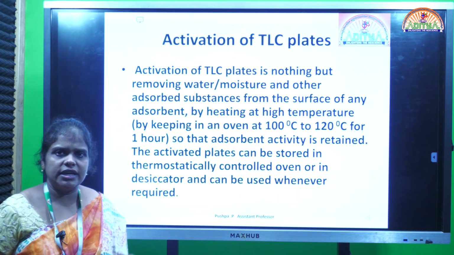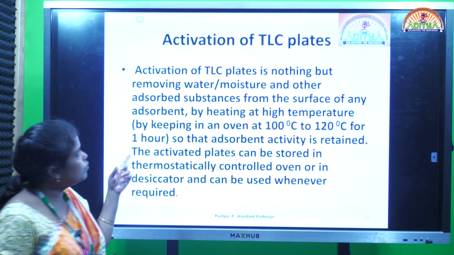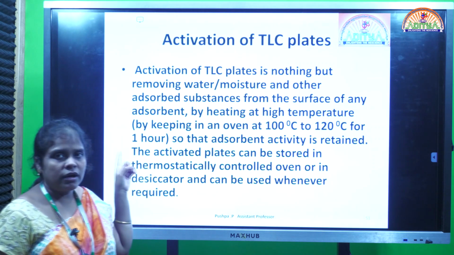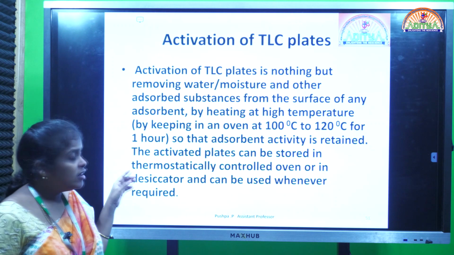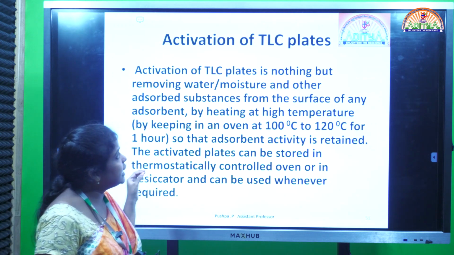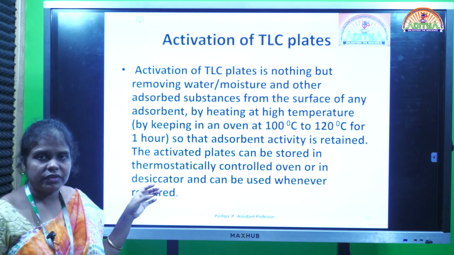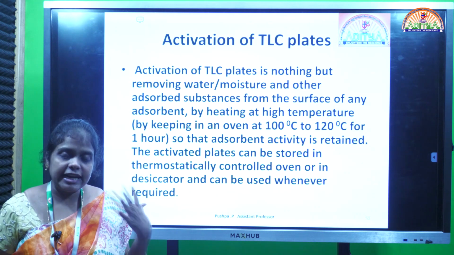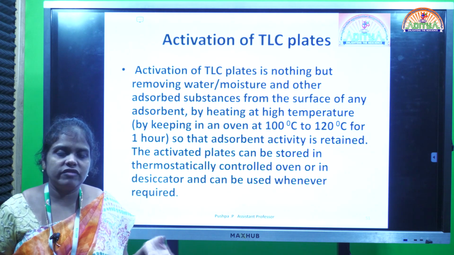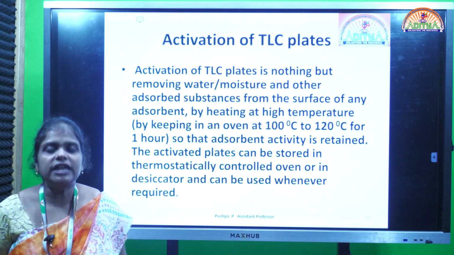Why do we have to dry it? If you keep it in the oven, the TLC plate will get activated. That means it gets ready for good separation of the samples we apply on the TLC plate.